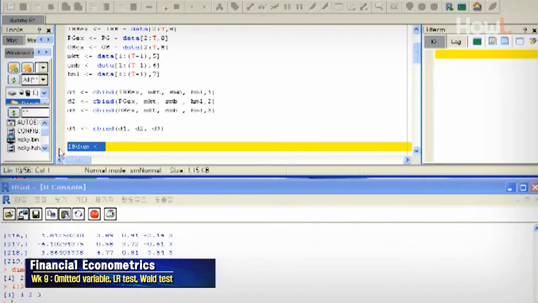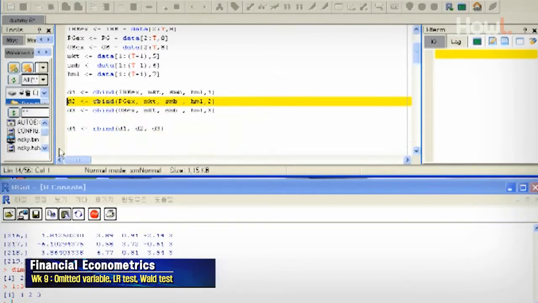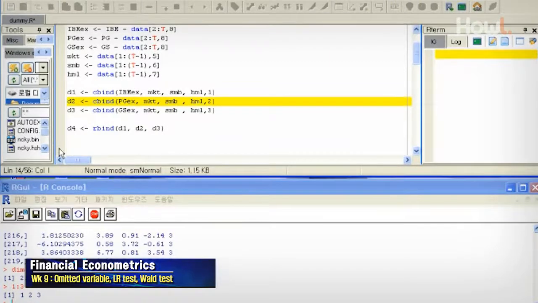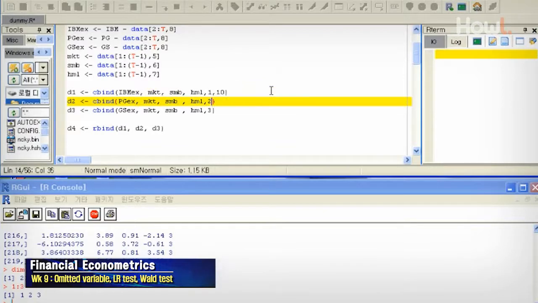I need two dummies, so I'll write one, 10, 20.